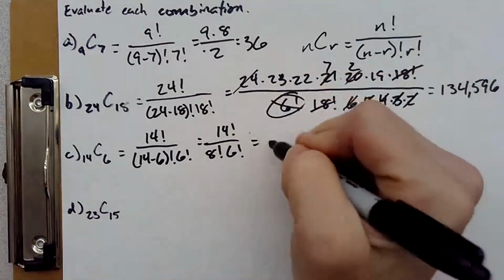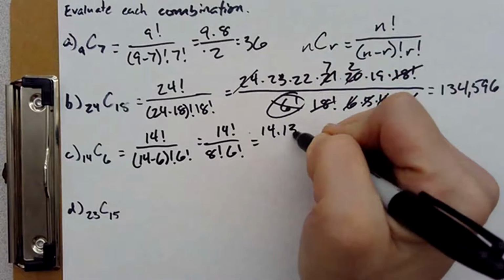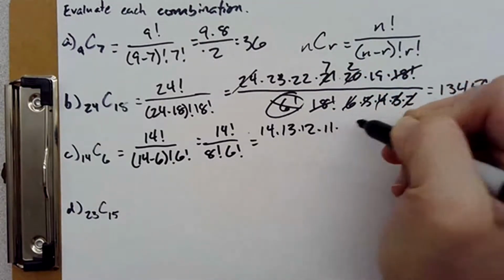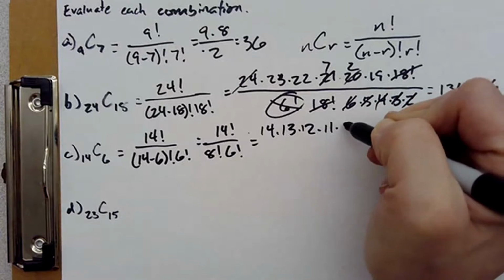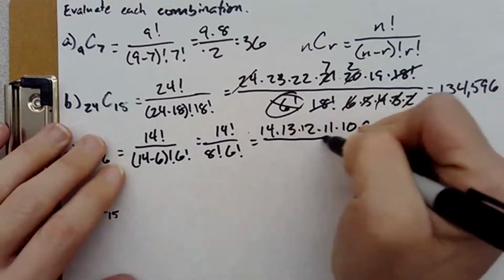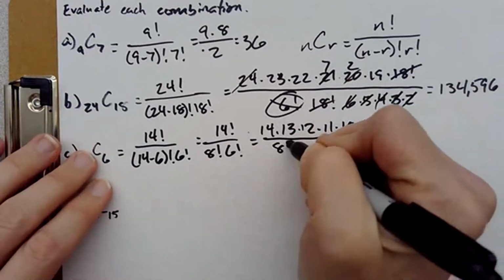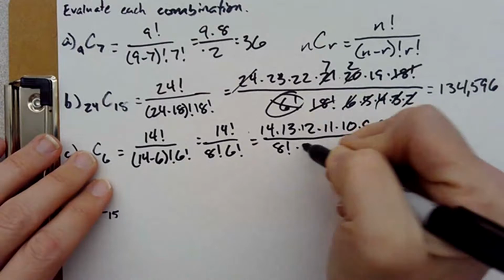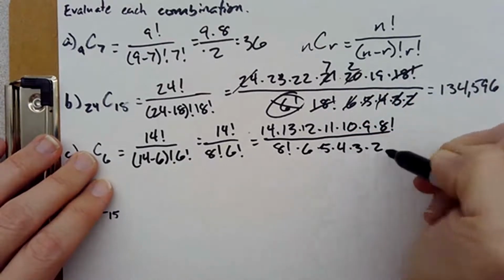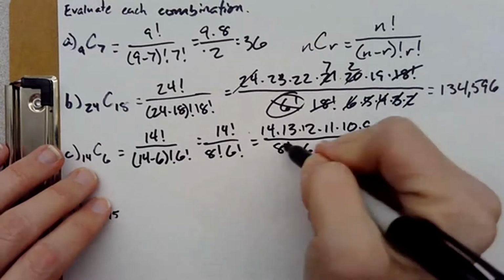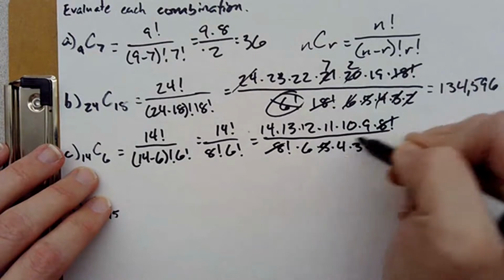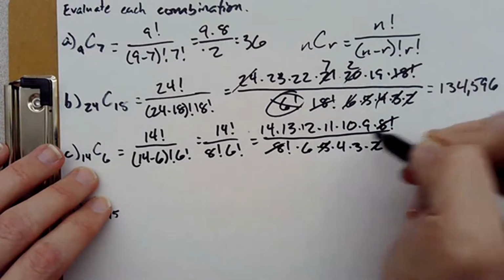So we can say that this is 14 times 13 times 12 times 11 times 10 times 9 times 8 factorial over 8 factorial times 6 times 5 times 4 times 3 times 2. Cancel those. 6 times, let's do 5 times 2 is 10.